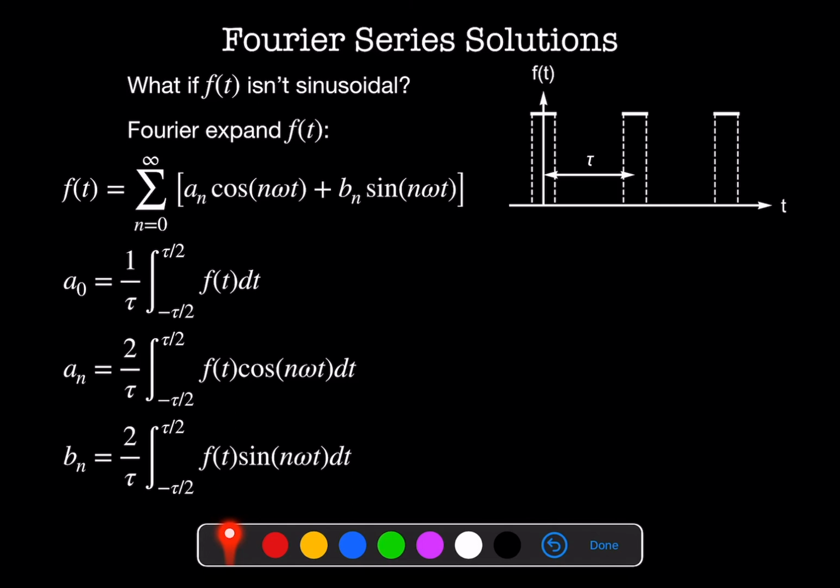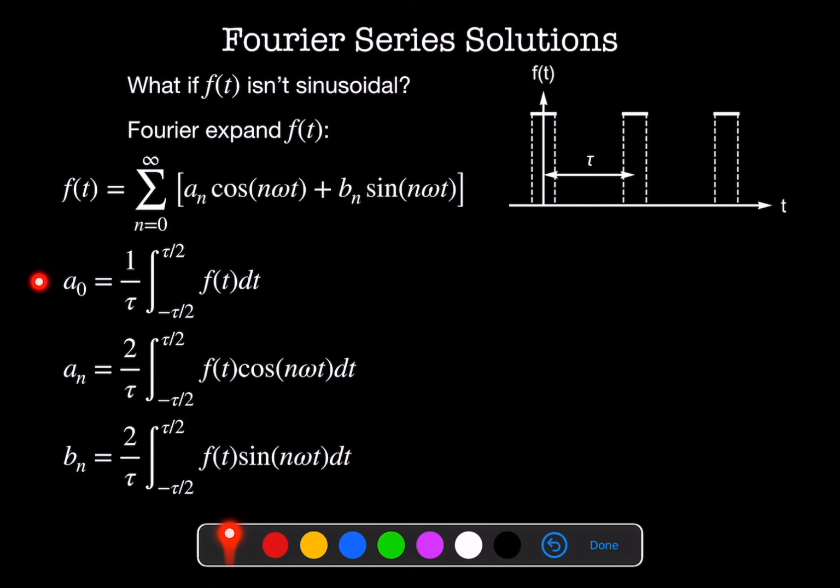A0, the constant term when cosine of 0 is equal to 1, is going to be 1 over tau times the integral from minus tau over 2 to tau over 2 of f of t dt. And then the two subsequent constants, a_n for n 1 or greater, and b_n for n 1 or greater, are going to be 2 divided by tau, and then the integrals are both from minus tau over 2 to tau over 2 of f of t times cosine(n omega t) dt for the a_n's, and times sine(n omega t) dt for the b_n's.